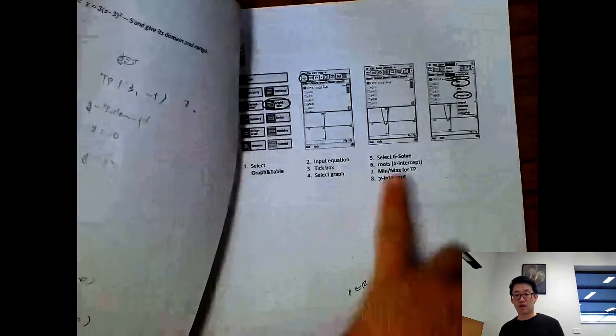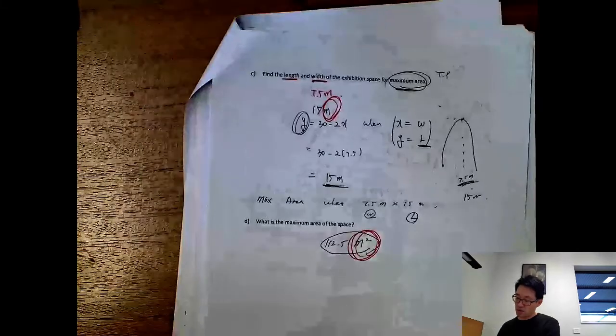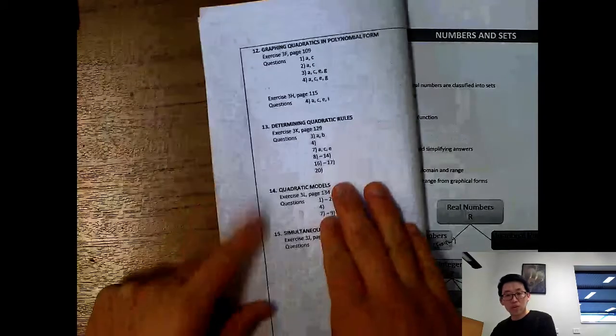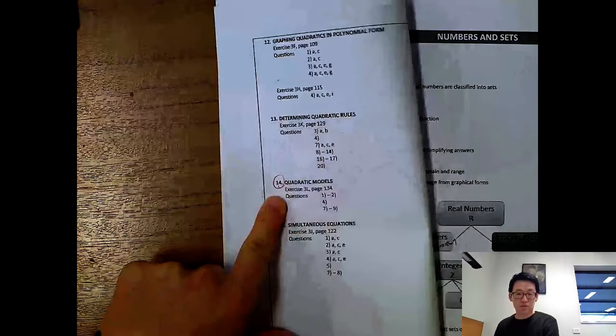Okay. On page 59, they show you how to use the graphic calculator. And when you go to section 14, continue with more questions there.